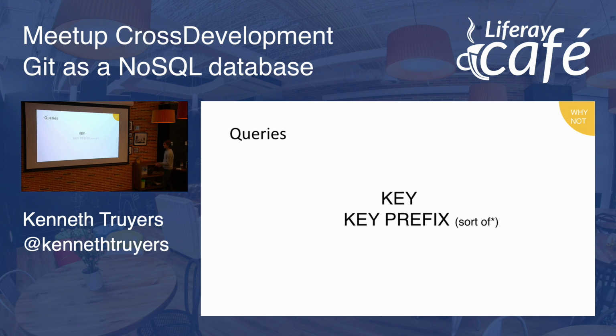And that's it, except for a key prefix. There is a disclaimer there, in that when you have trees, you can say, for this tree, give me all the blobs in that directory. And that will list you all those blobs, so that's nice, but it doesn't go recursively. So you can only go one level with a key prefix.